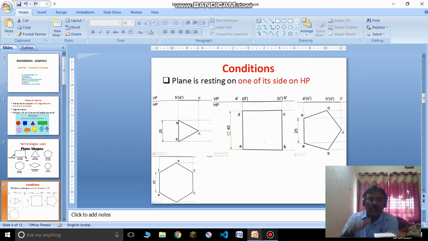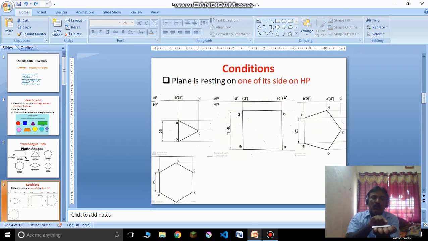In this position I kept it on the horizontal plane. When I look from the top, it is nothing but A, B, C, D. When I look from the front, it appears as this much of a straight line on the XY line.